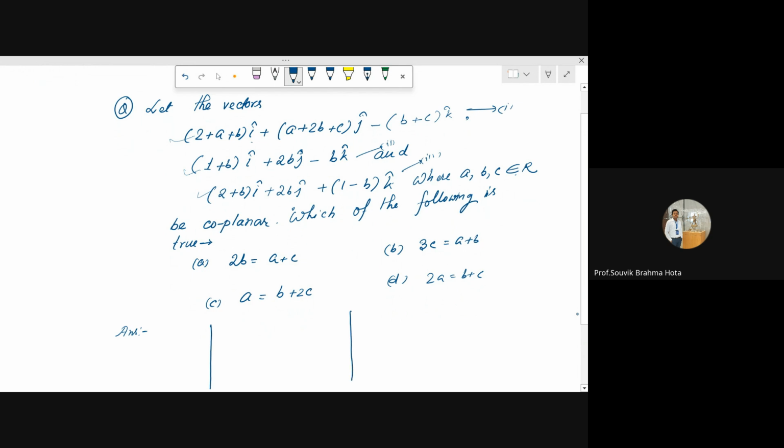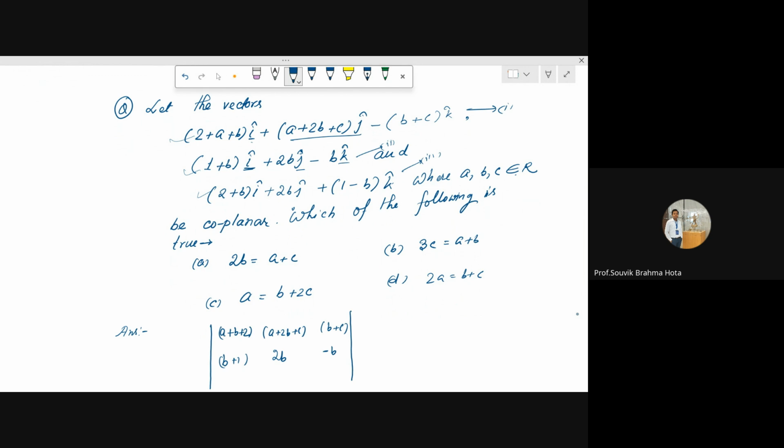So let me write. What is the coefficient of i? 2 + a + b, rearranged as a + b + 2. Next, the coefficient of j is a + 2b + c. The coefficient of k is b + c. Next, for this one, the coefficient of i is b + 1, the coefficient of j is 2b, and the coefficient of k is minus b.